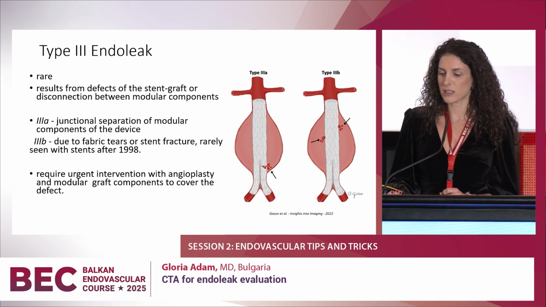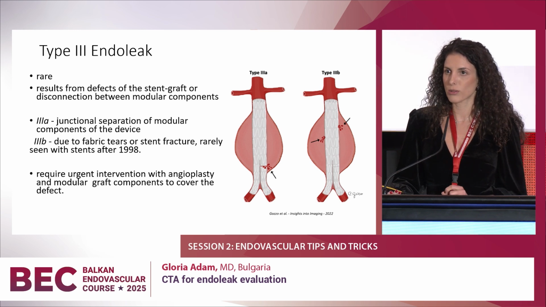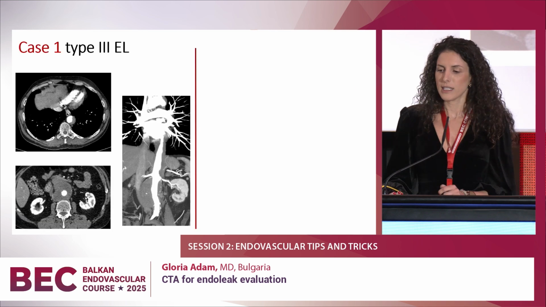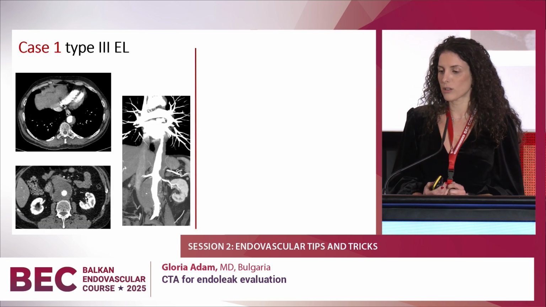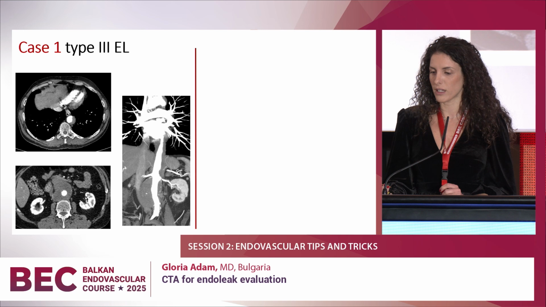It requires intervention because it's connected directly to the blood flow of the aorta. This case is of a patient with shaggy thoracoabdominal aorta, but also aneurysm of the abdominal aorta infrarenally.